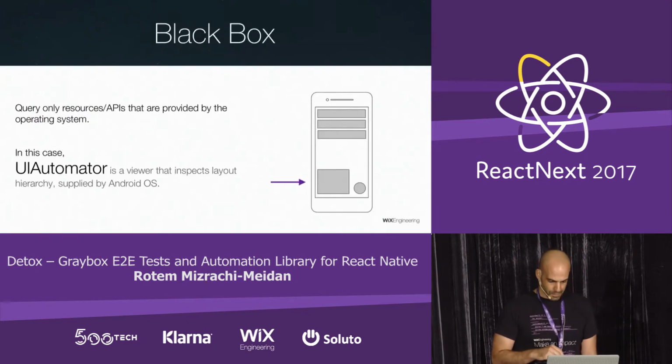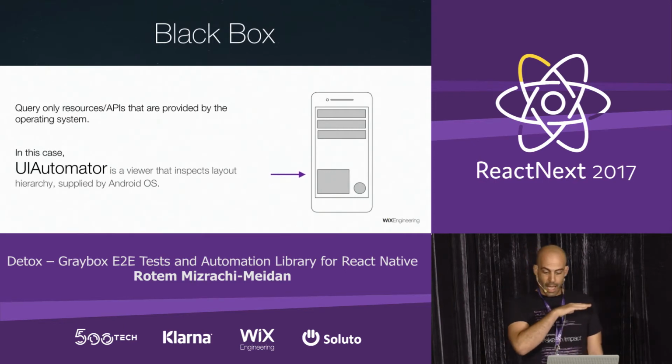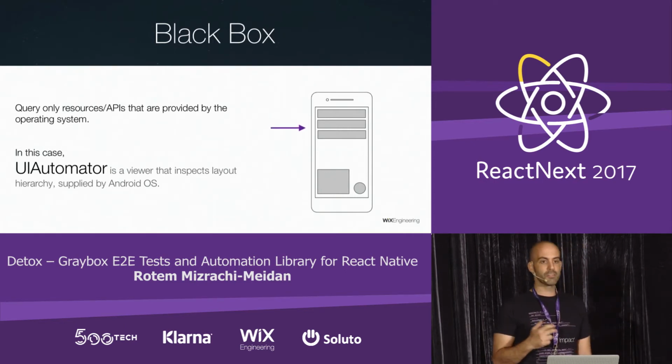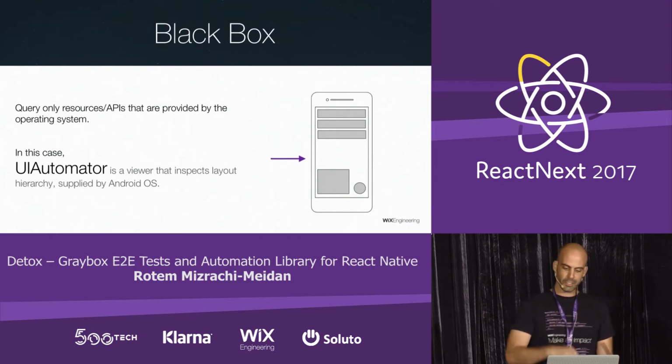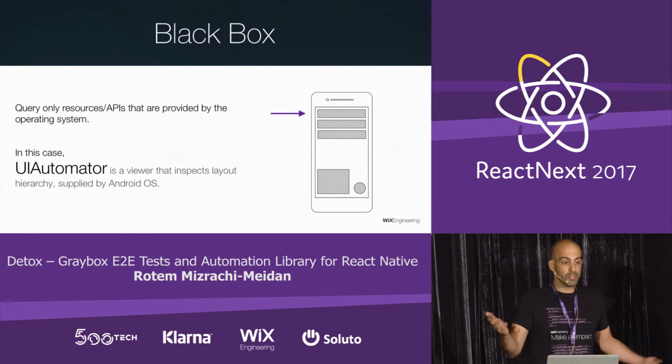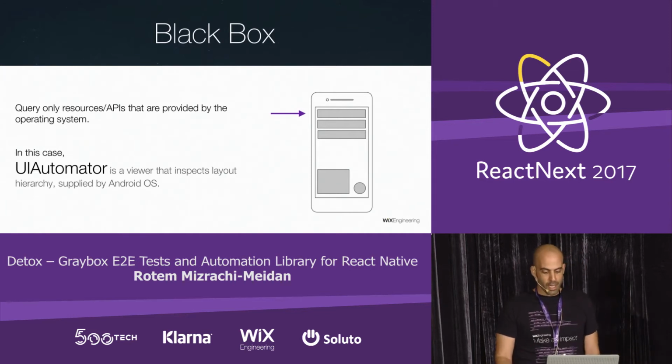In mobile, blackbox E2E essentially goes over the view hierarchy and looks for an element, and if it's not found, sleeps and continues looping until an arbitrary timeout that we choose or the framework chooses for us. And if found, the framework interacts with the view, and if not, it throws an exception.